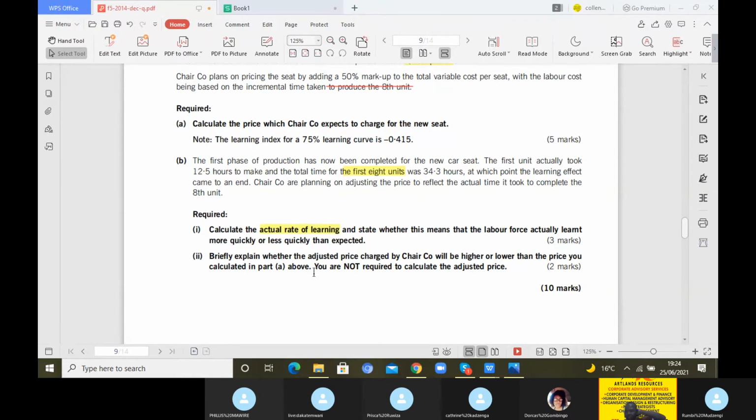So that question is saying, if employees learned quickly, do you expect that if you are to revise the price, it is going to be more than what we have calculated using budget figures? Can you type in the answer? Is the price going to be more than what you have calculated in A, or is it going to be less if you are saying employees learned more quickly? And tell me why you are saying it's going to be less. So you just say less because. Can you type the answer there.